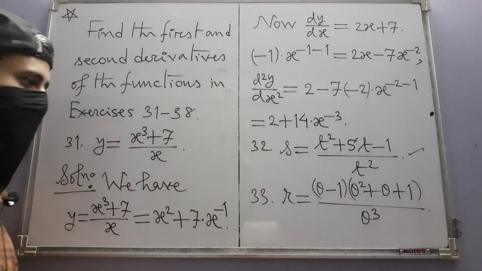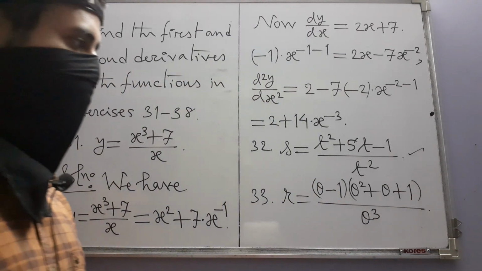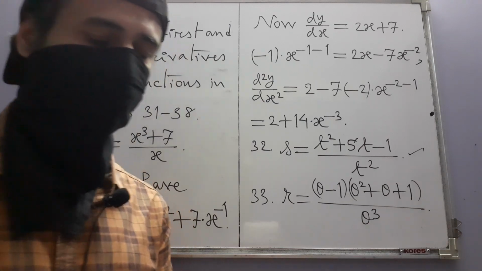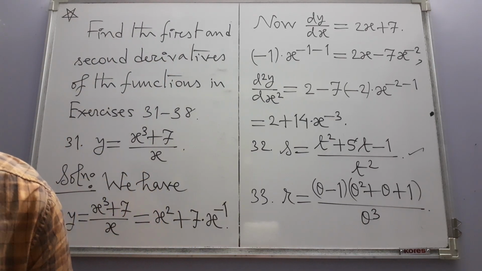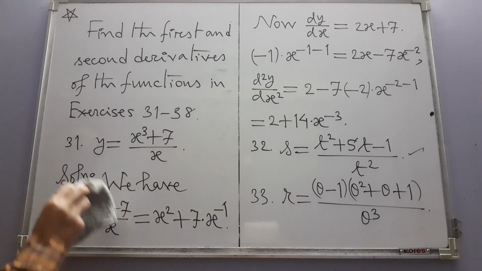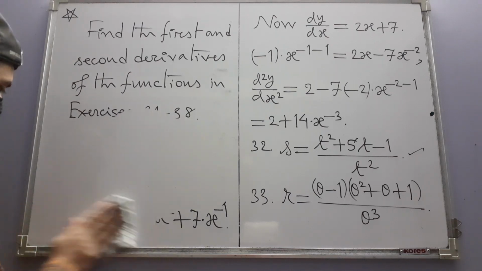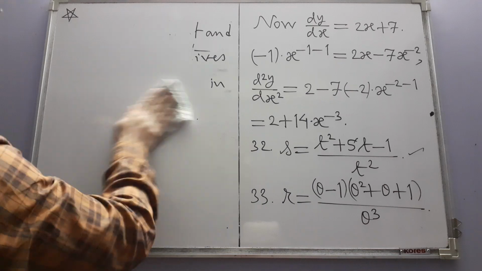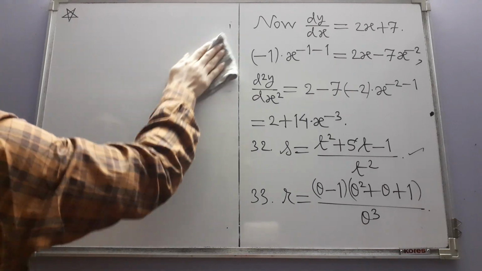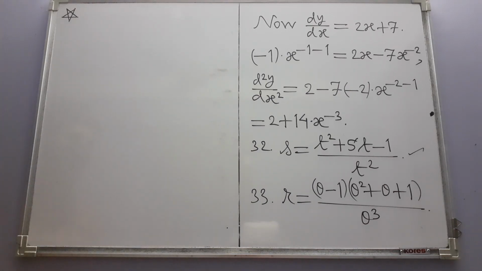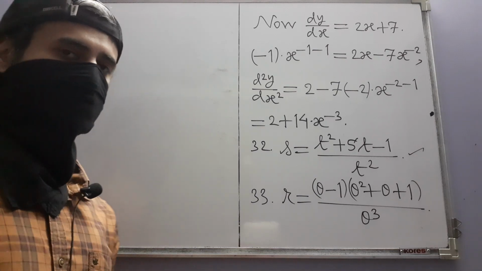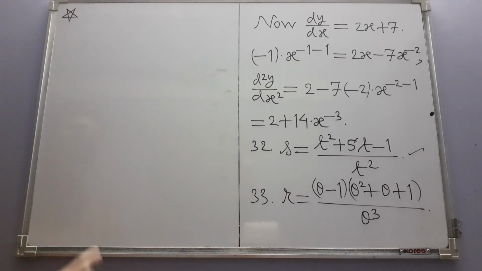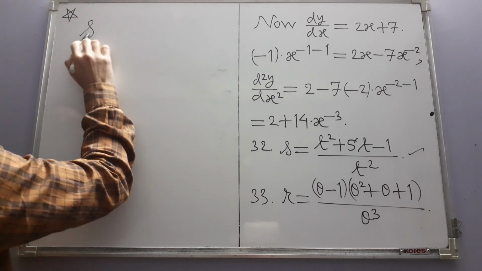It looks very complicated at first, but if you recognize the numerator is in a form and there is a simple expression for this product. Once you recognize that, it becomes very easy. So I will just do the simplification and the differentiation I will leave to you. So we will start the solution like this.